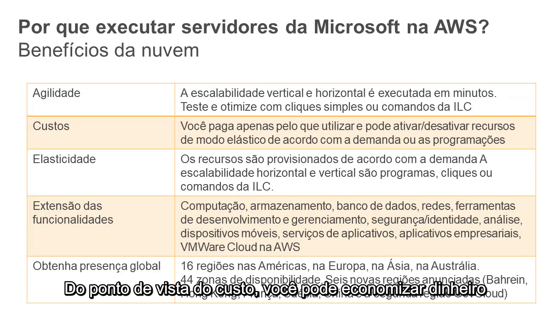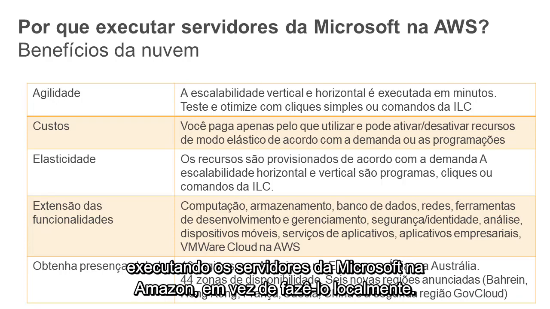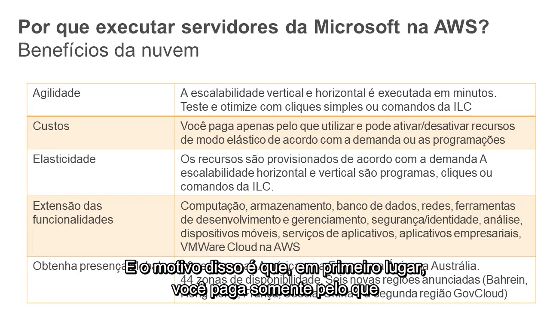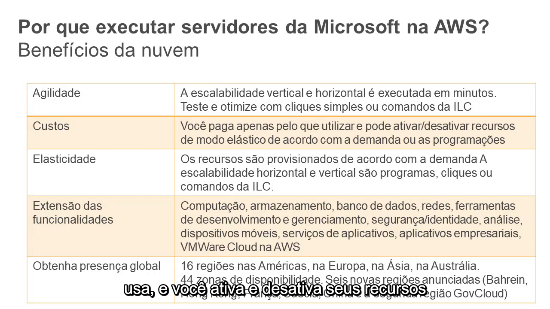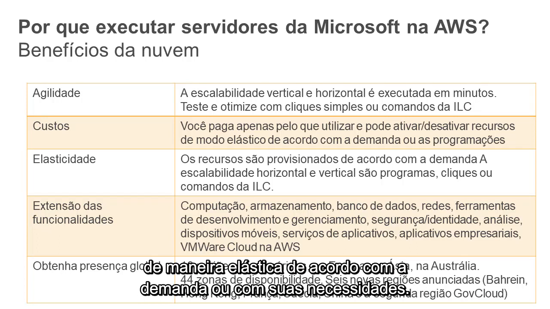From a cost perspective, you can actually save money running the Microsoft servers on Amazon versus on premises. And the reason for this is, number one, you only pay for what you use, and you turn on and turn off resources elastically according to demand or your needs.